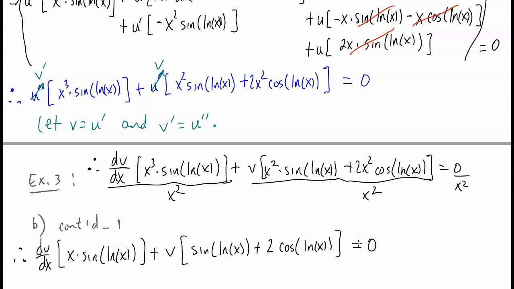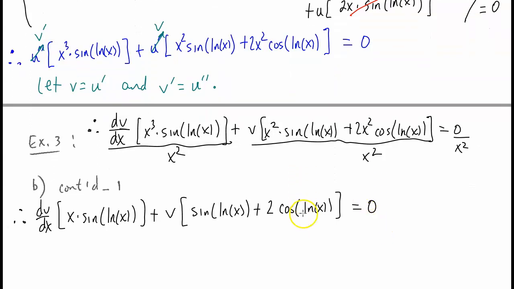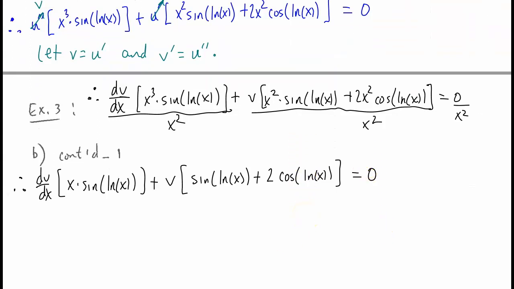And this equals 0. And so now what we need to do is just rearrange everything here so that we can get everything in terms of v on one side, everything in terms of x on the other. And again, this is v here.